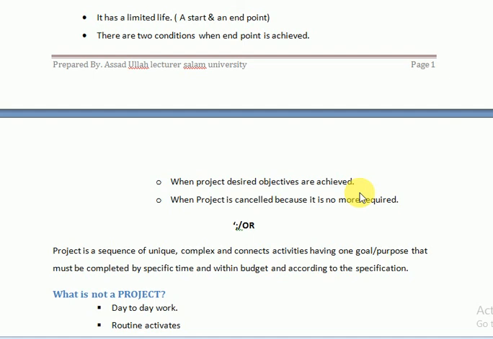Number two, a defined life span. It means a time period with a beginning and ending, specified in advance. Number three, usually the involvement of several departments and professionals.